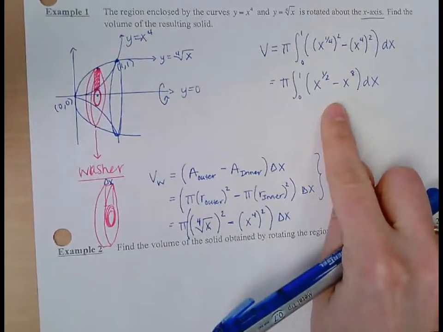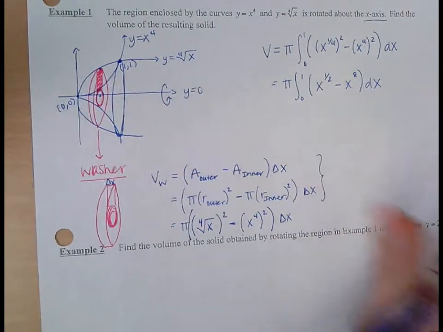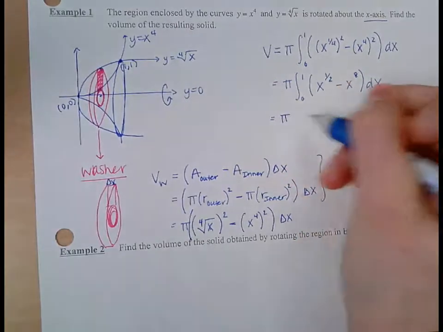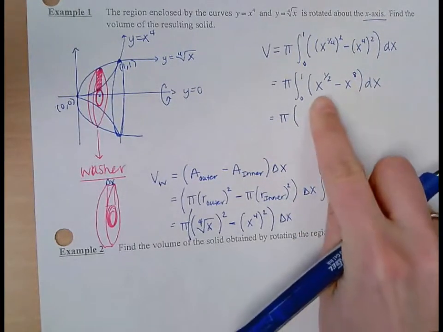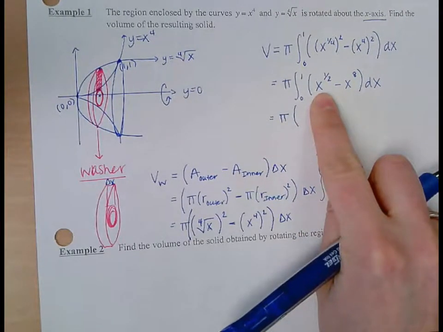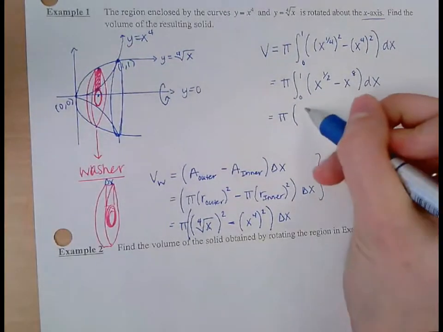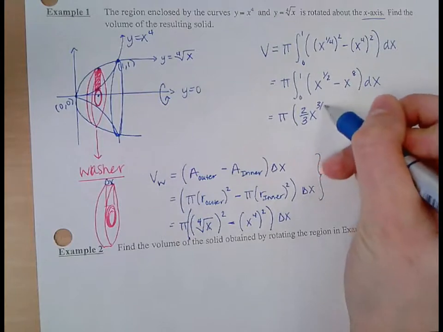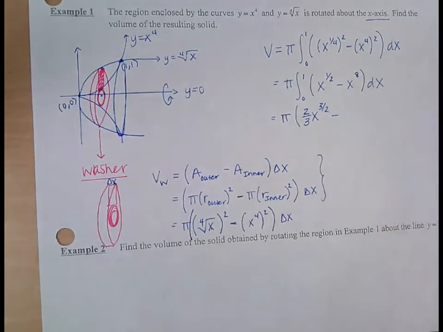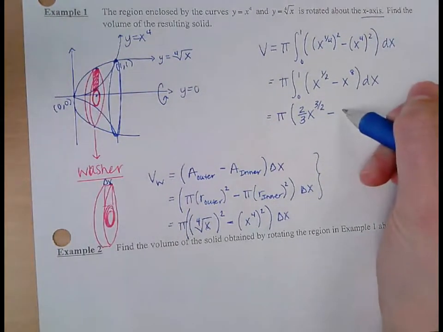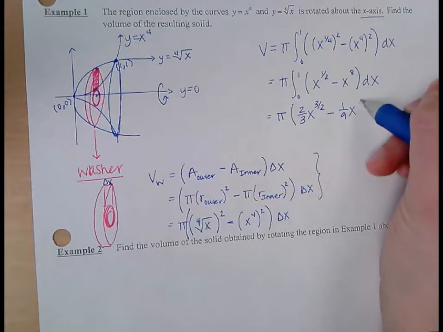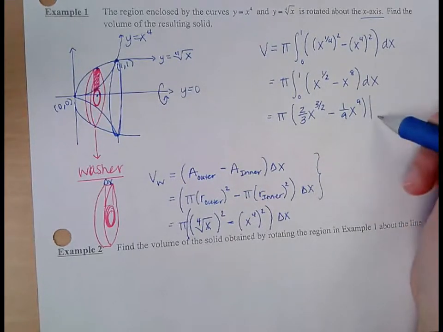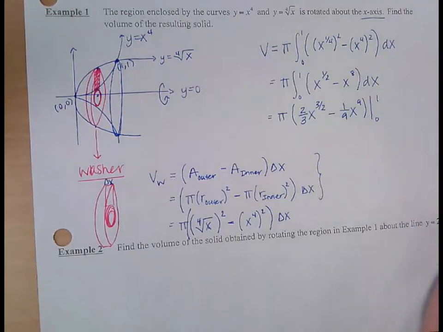And then I would be able to find the antiderivative. So the antiderivative of x to the 1/2 is 2/3 x to the 3/2, minus the antiderivative of x to the 8th, and evaluate that from 0 to 1.